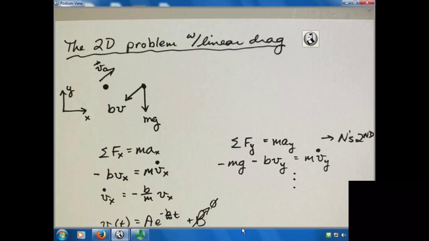Did you guys do a change of variables to a vy minus v term, or vy plus v term in this case? The v term is mg over b. You wouldn't have to call it that, but you are going to have to change your variables so that this guy is the derivative of the function over here. So let me go ahead and pick it up from there.